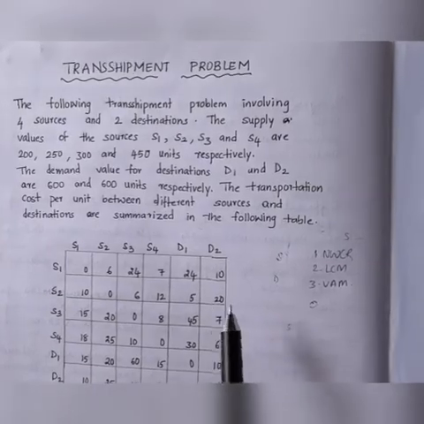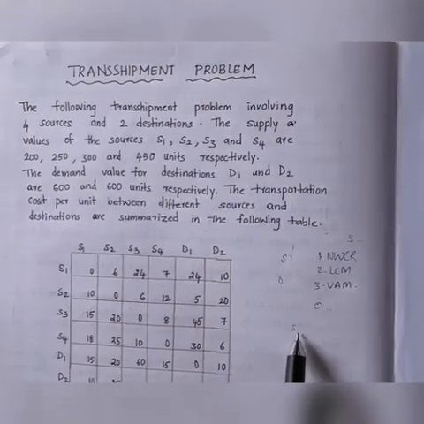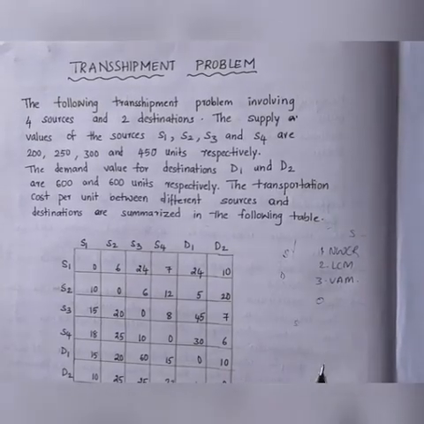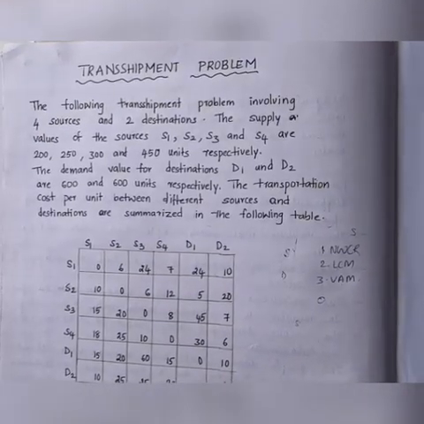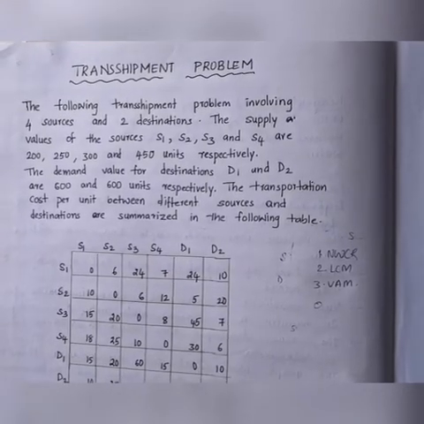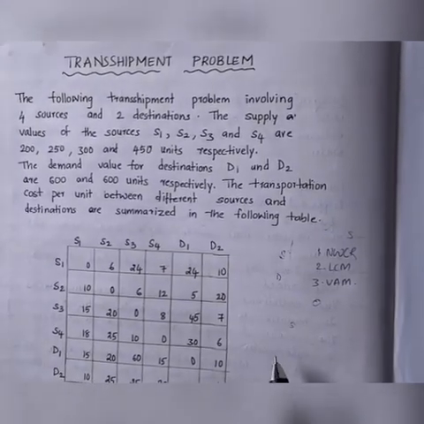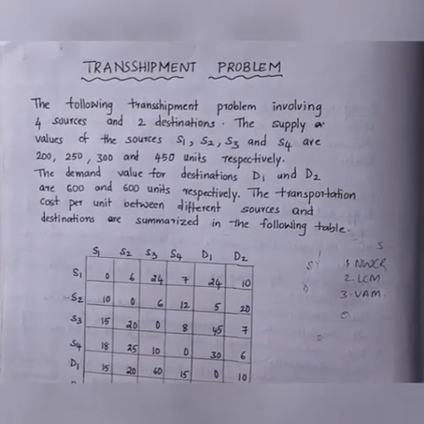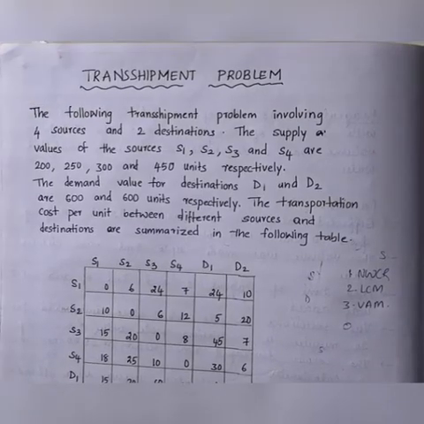Now in the transshipment problem we have sources, the origins and the destinations, but origins and destinations will also act as transient nodes or temporary nodes, where a particular node can either supply the goods or receive the goods.